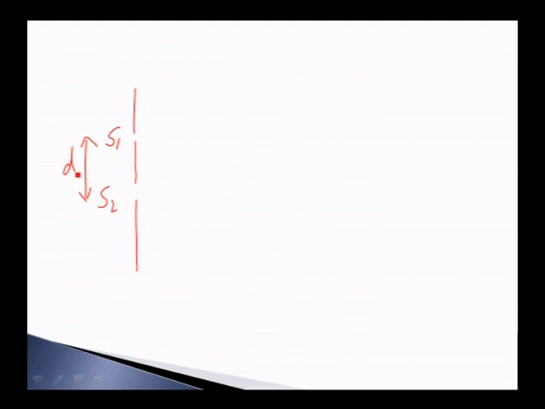Then let us place an image screen directly opposite to this. Let the distance between them be D. This distance should be set in such a way that it is greater than the small d, the distance between the two slits.